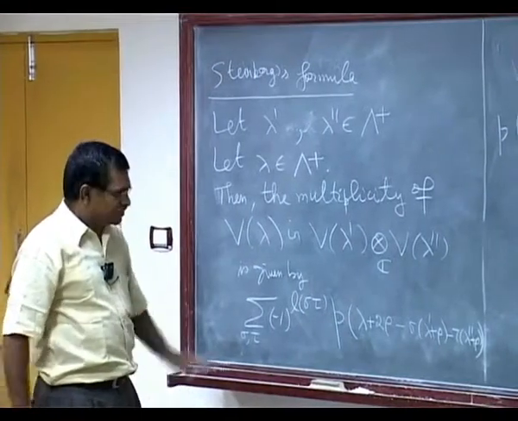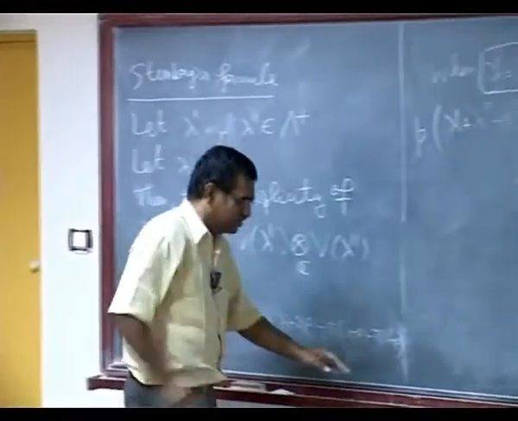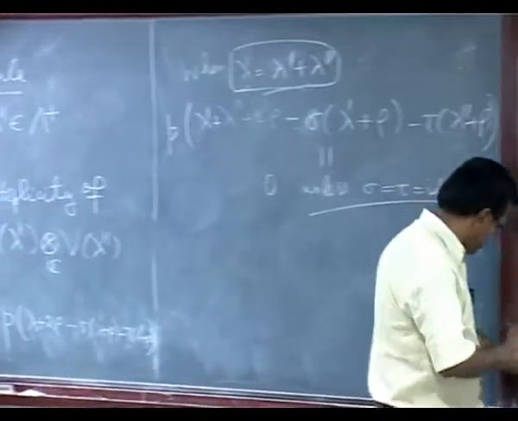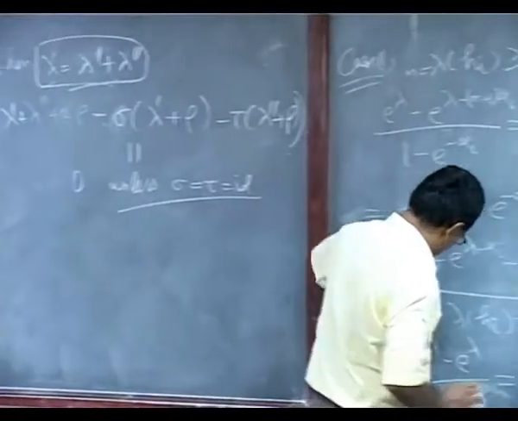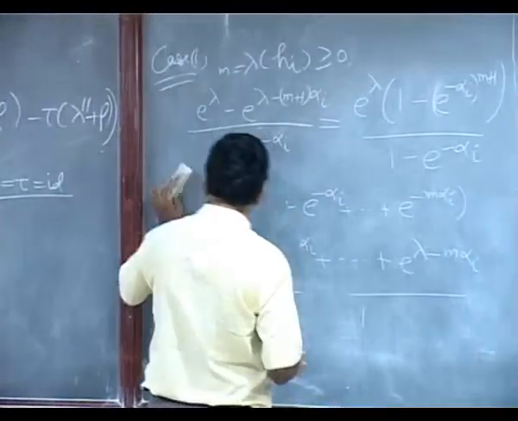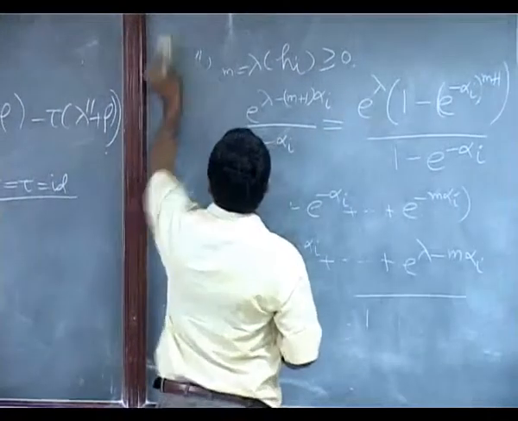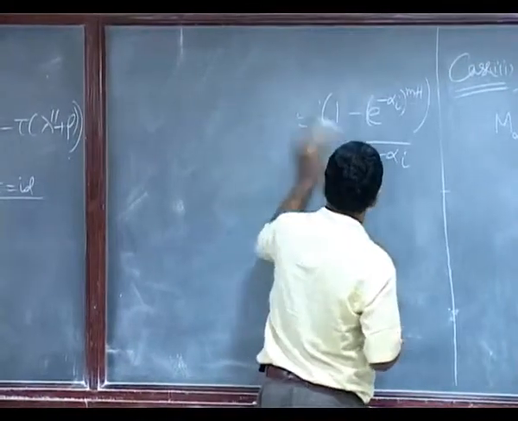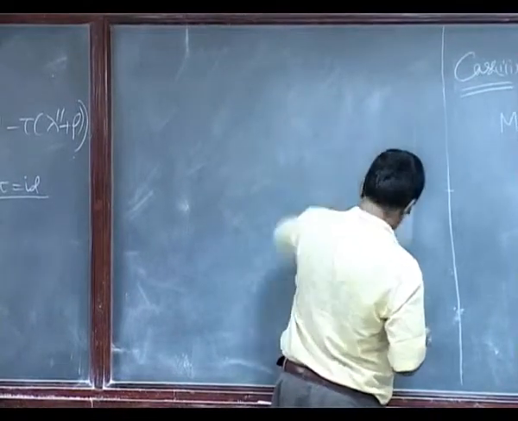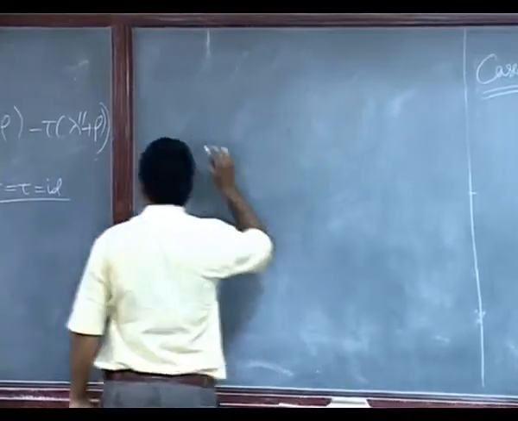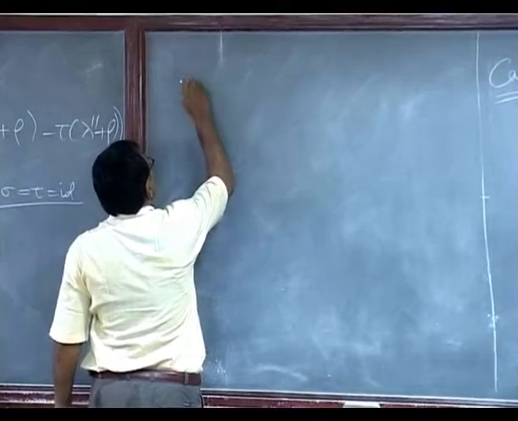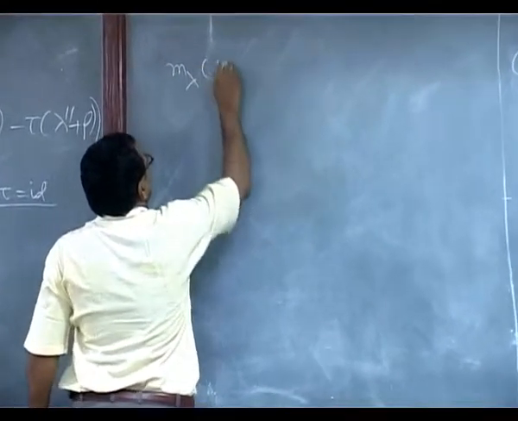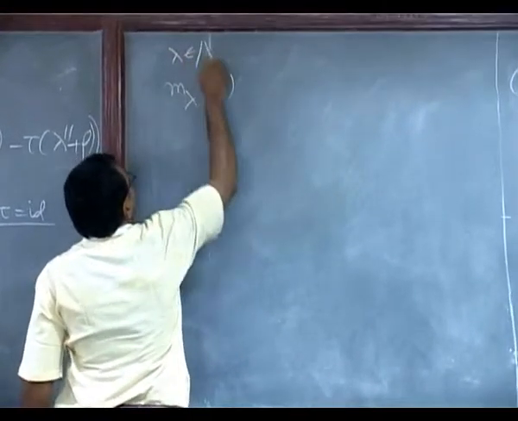That's all I'm saying. So before saying this one, I would have mentioned that part for the constant multiplicity formula. So here the constant multiplicity formula was m lambda mu, so lambda is dominant here.